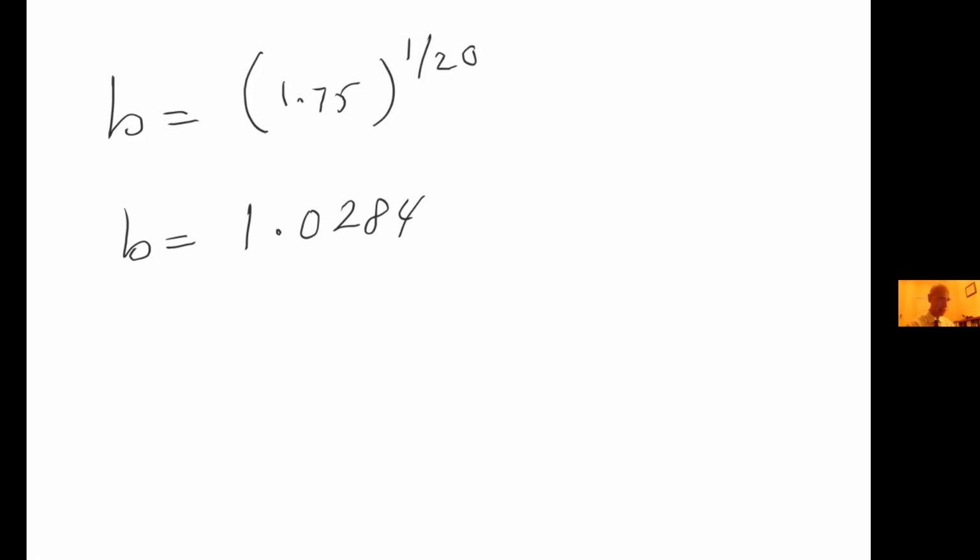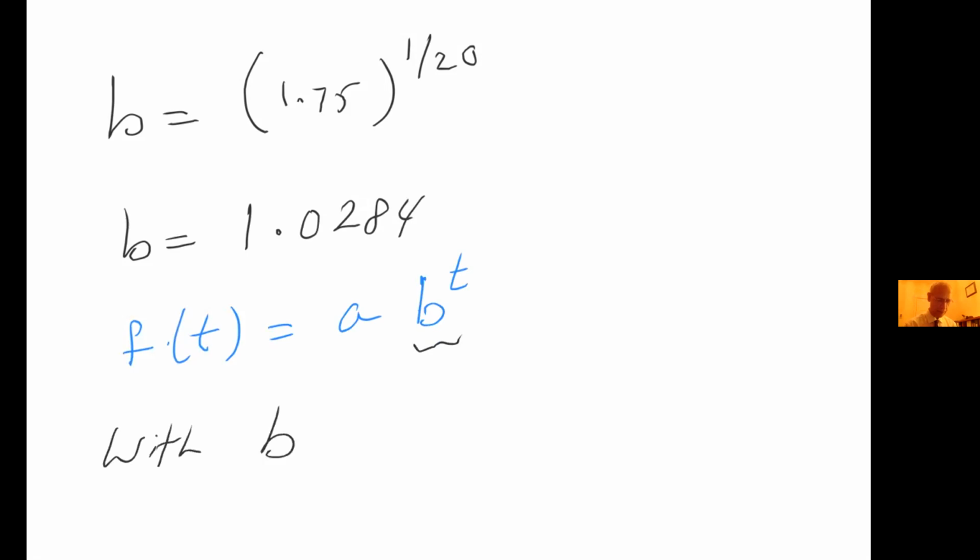So now that I have this piece of information, I'm going to write my exponential equation. First of all, just remember that we said that f of t equals some a times b to the power of t. We have to remember, what is this b? This b right here is 1 plus r, with r the rate. So that's something that you have to memorize.